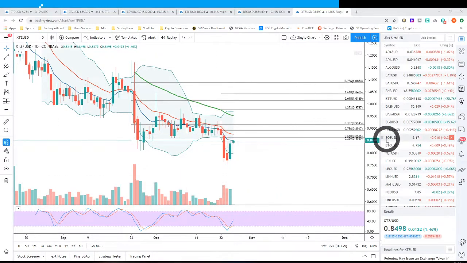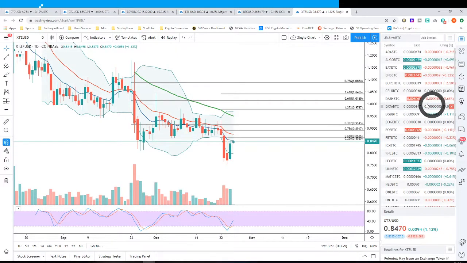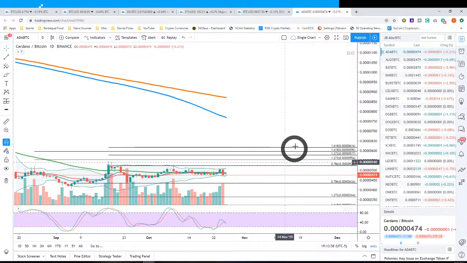All right, and do you want USD pairs? Oh, you want BTC? Okay, nothing wrong with that. Let's go look at ADA on the BTC pair.